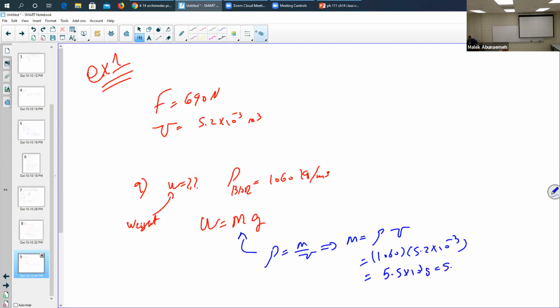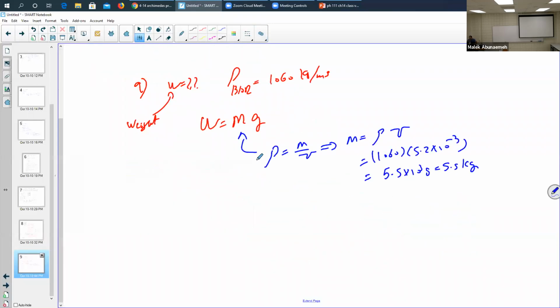So it's 5.5 kilograms. That means your weight is going to equal your mass times gravity, which is your 5.5 that we found, multiplied by your 9.8. So it's going to be almost 54 newtons.